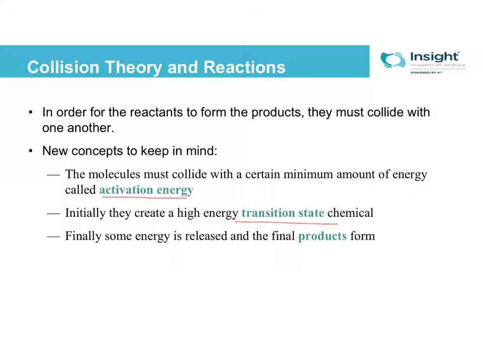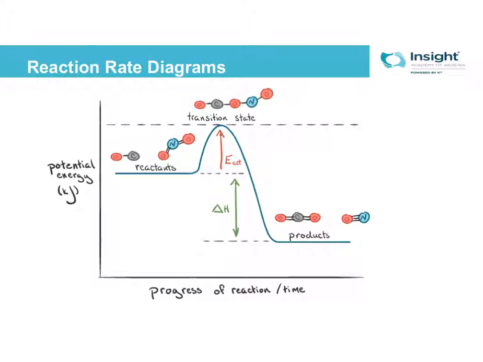Momentarily, if you have two reactants, they temporarily completely mesh together and then reform into whatever the products are supposed to be, which might be two different things. A reaction rate diagram is just a visual of what's going on here in these words. So let's look at it.